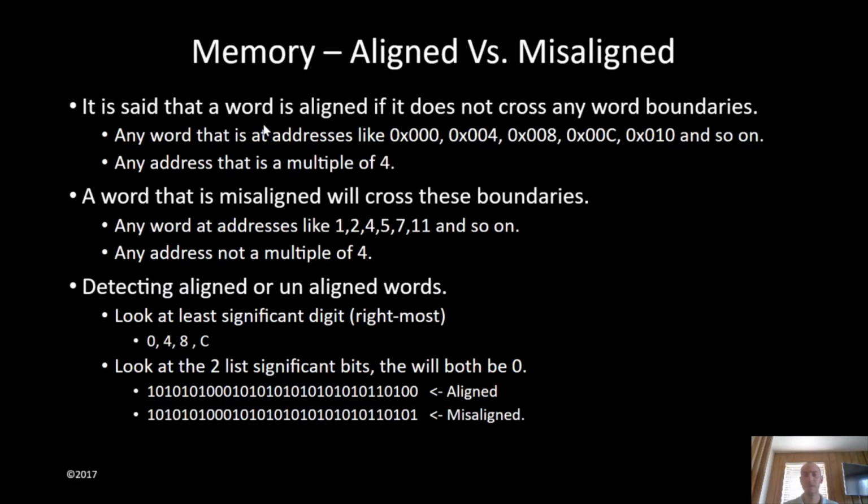So here is some more detail. The addresses that are 32-bit aligned, or word aligned, are always going to start with 0, and every time we are adding 4. The next one is going to be 4, the next one 8, because each time we are reading 4 bytes at a time. And if it's misaligned, which is another term you should know, that means we are crossing these boundaries.